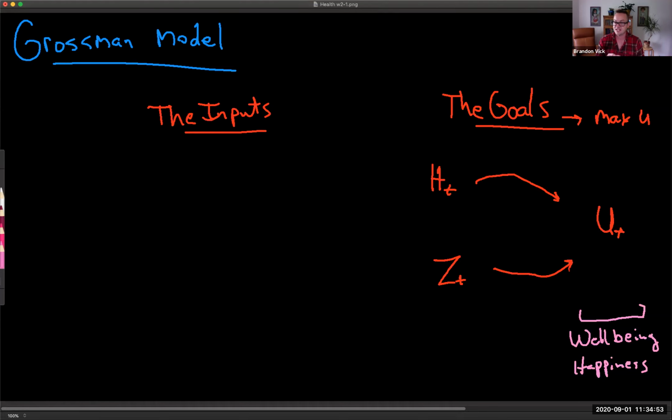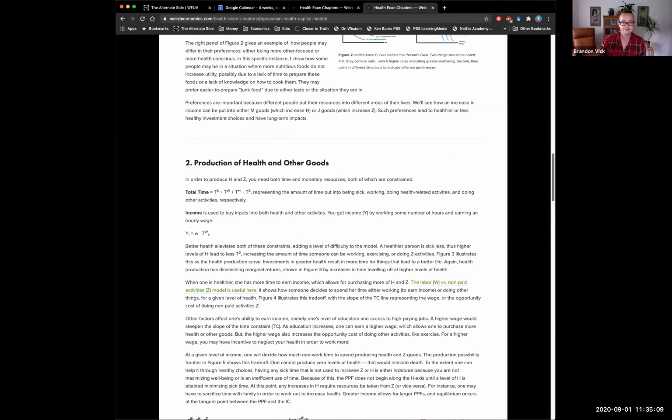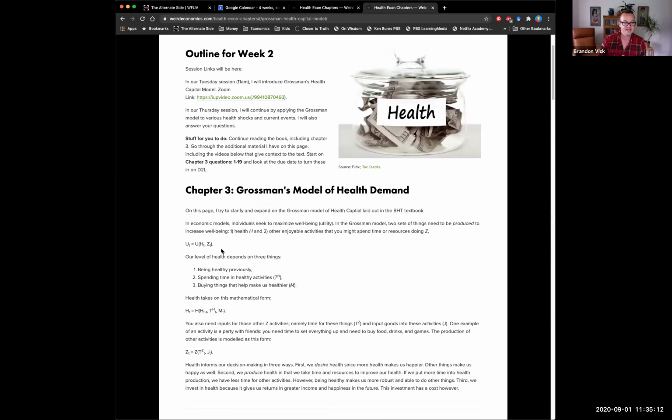H sub T and Z sub T feed into U sub T. And just by the way, what I just said is put into mathematical formula here. Okay, when I say this, and the book says this, U sub T is equal to utility is a function of health and these other things. Math is much more efficient and precise in saying things, but you have to be able to interpret the math.